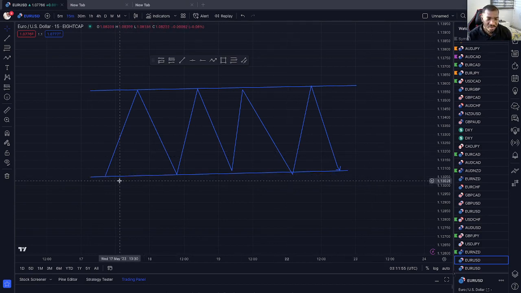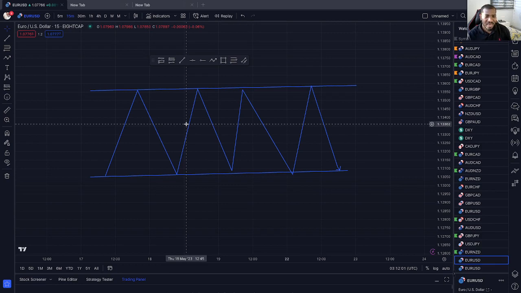For example, you see it goes up, comes down, goes up, comes down, just adhering to a particular support and resistance, which definitely makes no sense to trade. That is an example of what we mean by a ranging market.